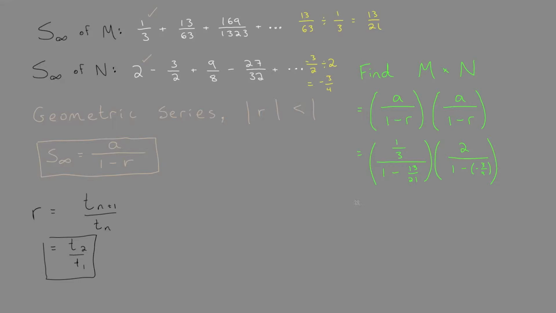Now simplifying this gives us 1 over 3 over 8 over 21 times 2 over 7 over 4.